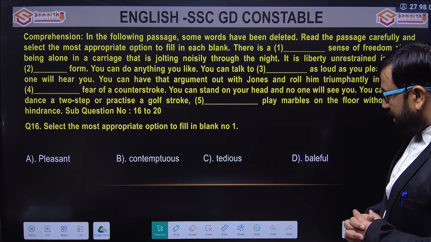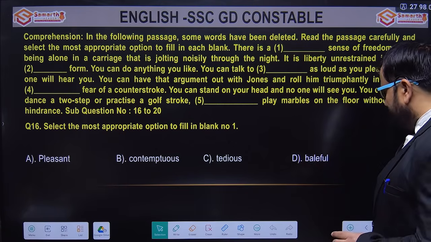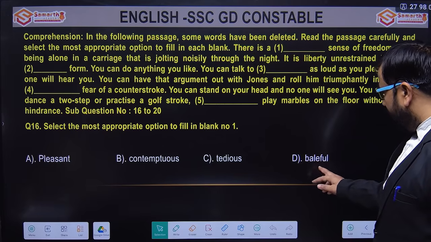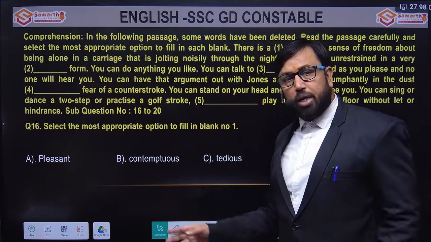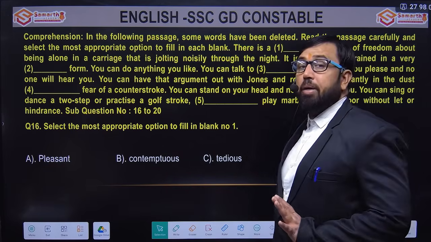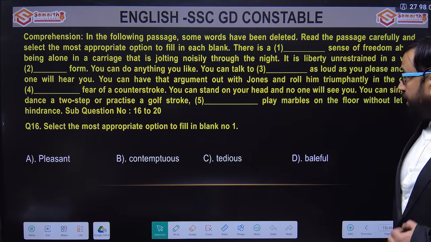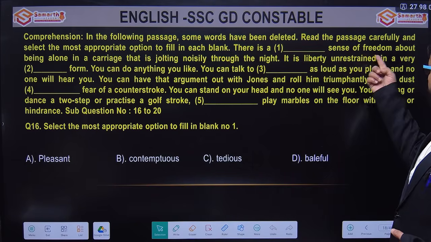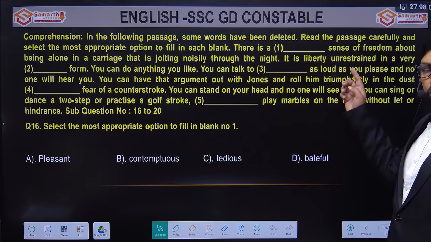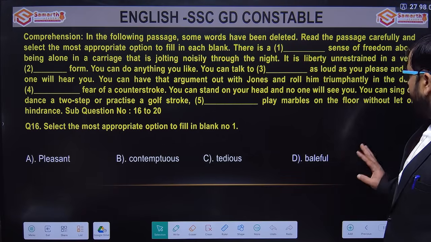The options are pleasant, contemptuous, tedious and baleful. These three words, baleful, tedious, contemptuous, all indicate something negative. But on the contrary, our passage was talking about a sense of freedom. Freedom is not a negative word, it's a positive word.